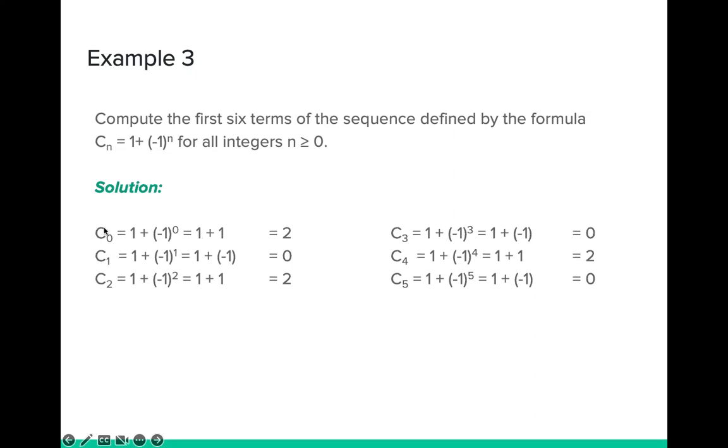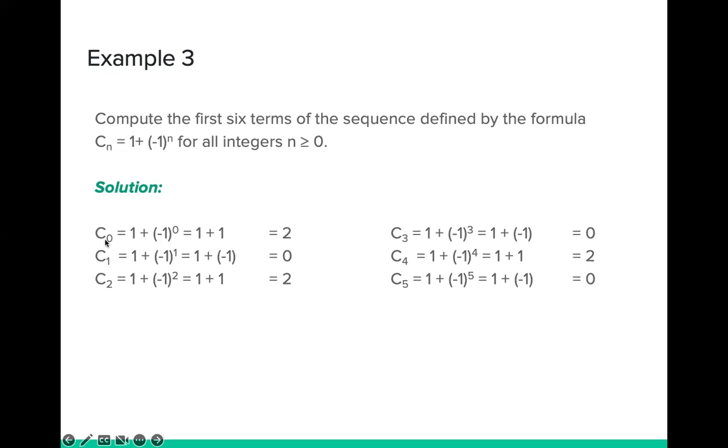Again, we determine the terms. So we have c sub 0, c sub 1, c sub 2, and so on, since we have specified the restriction here wherein n is greater than or equal to 0. So it starts with c sub 0, and so on. Now, for each of these values of n, we plug that into the explicit formula 1 plus negative 1 raised to n.